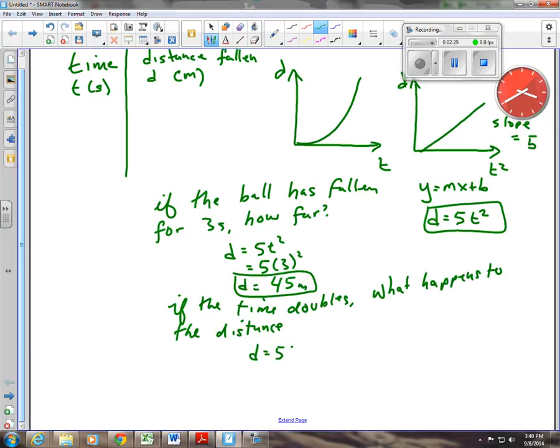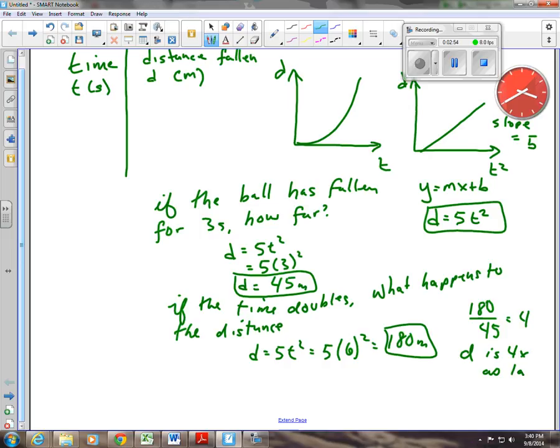Now we're going to plug in a time of 6, so we're doubling the time. So 5 times 6 squared, and that's going to give me 180 meters. And then to figure out what happened, I could take 180 divided by 45, and that gives me 4. So D is 4 times as large. And that's okay, and that is a way to do these problems.